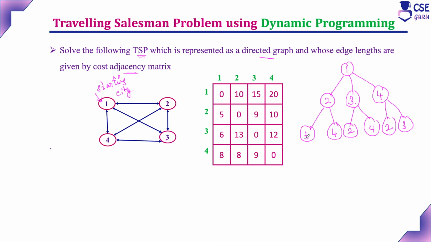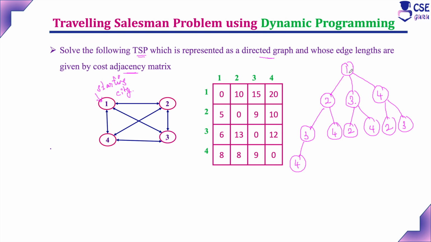So in any order, first will be the starting city and last will be the starting city. In between, there are different combinations of the cities to be visited, but each has to be visited exactly once. So here, 1 you have visited, 2 you have visited, 3 you have visited. What is the remaining city to be visited? That is 4.